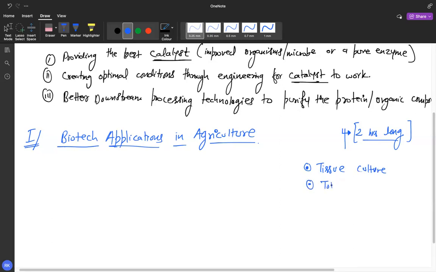Then the concept of totipotency and multipotency. What are these two concepts? Okay. You know about meristematic tissues in plants, that you have done in class 11th. Meristems. So just read meristems also.